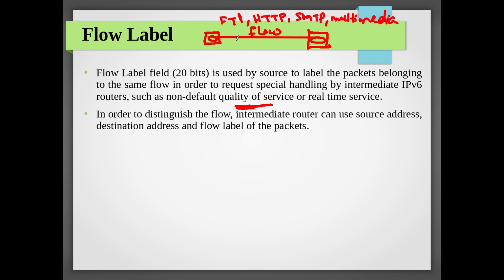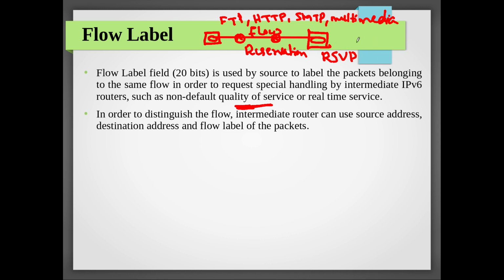Now you can give special treatment to this flow. That means on the way, whenever we have intermediate routers, you can make some reservation for the given flow. For doing this reservation we have something called RSVP, the reservation protocol, and there are some other approaches also. This is one that we use with the integrated services architecture.